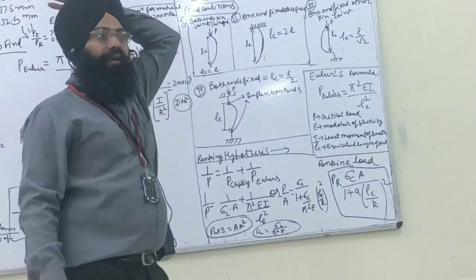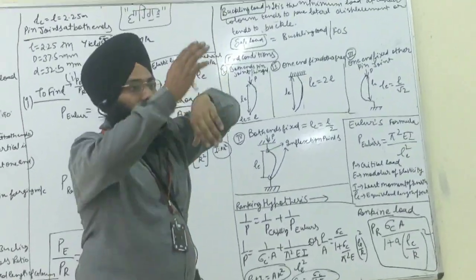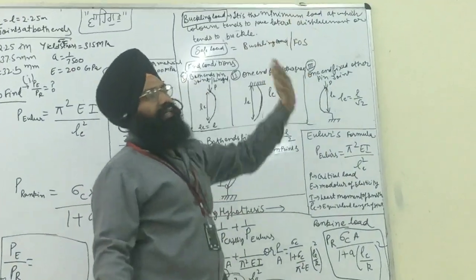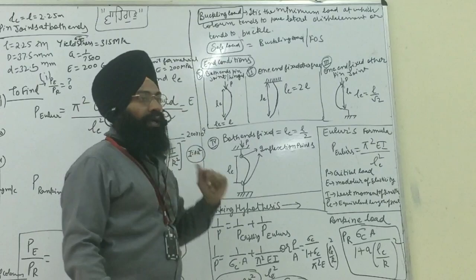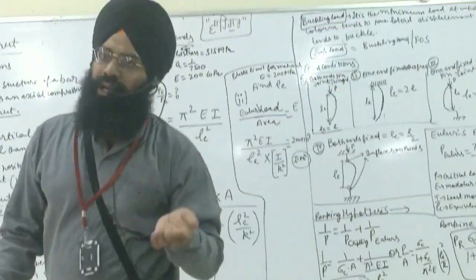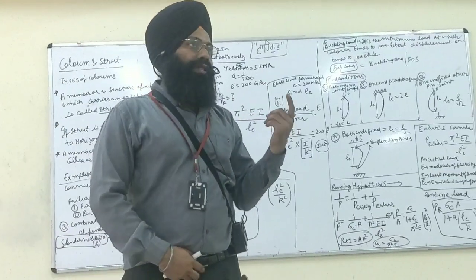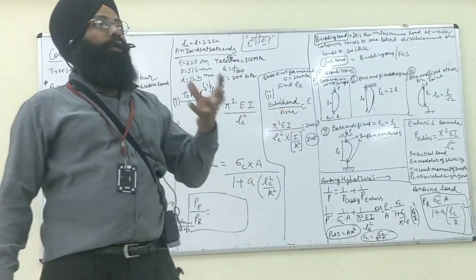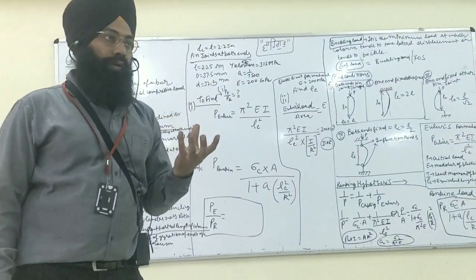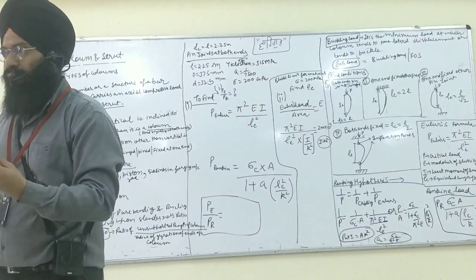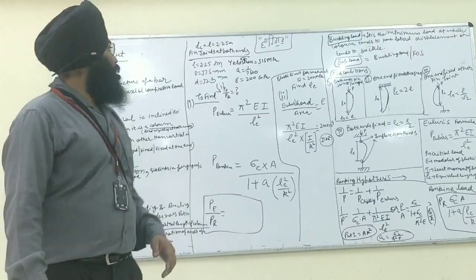The lateral displacement in the column is called buckling. Safe load: whenever the buckling load is divided by the factor of safety, we get the safe load. We will also use this in the numericals, how to calculate the buckling load and safe load. You will simply calculate the buckling load and divide it by the factor of safety.